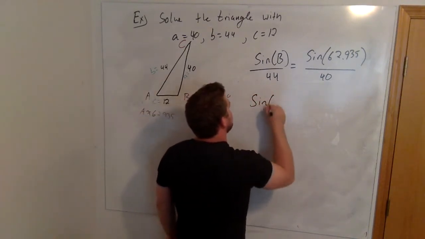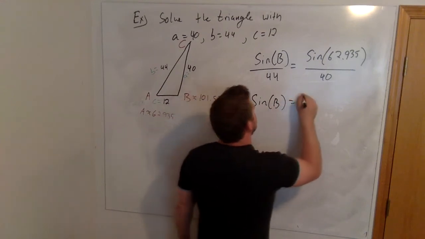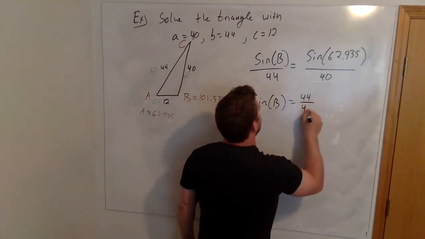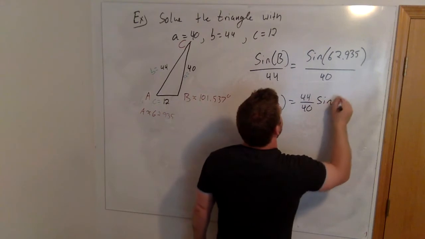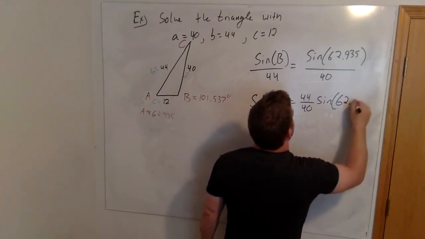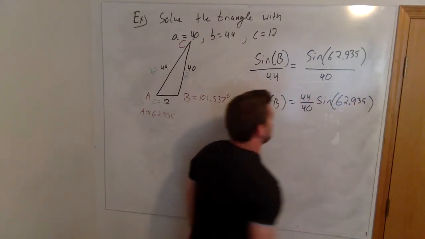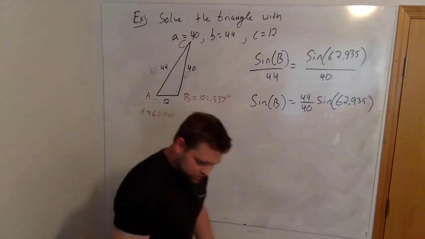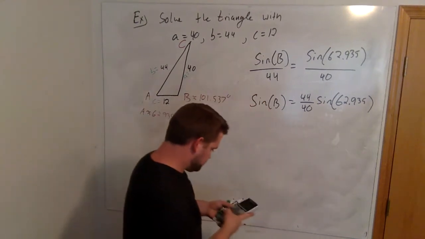So we'll get that the sine of B will be equal to 44 over 40 times the sine of 62.935. Let's figure out what this right-hand side is.